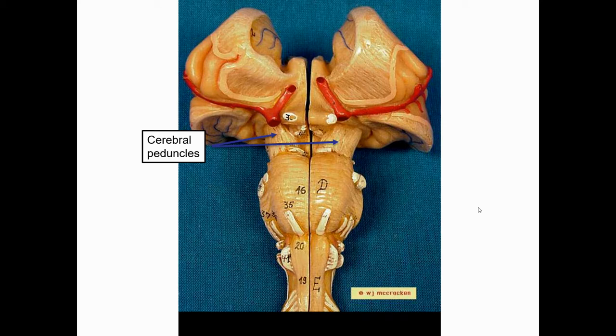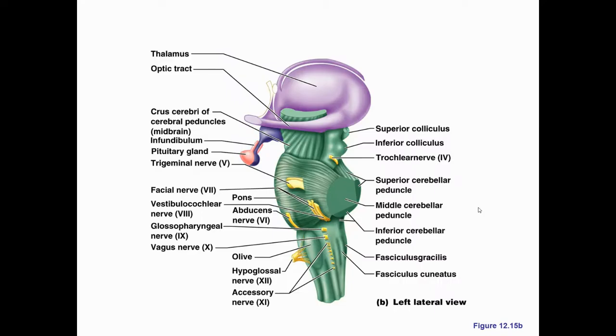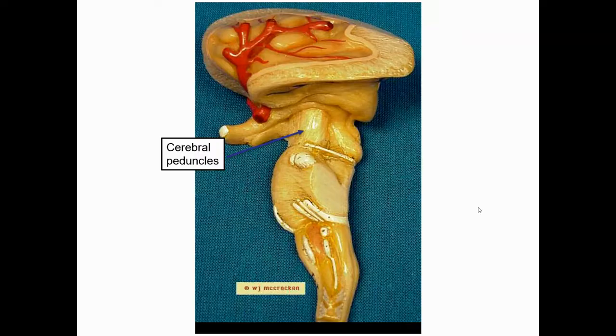But what they are is the pyramidal tracts. Those large tracts that come down from the primary motor area and go to all the individual skeletal muscles. Remember, these control precise, skilled movements. Here's a lateral view, and you can see those cerebral peduncles, and you can see it here on the model.